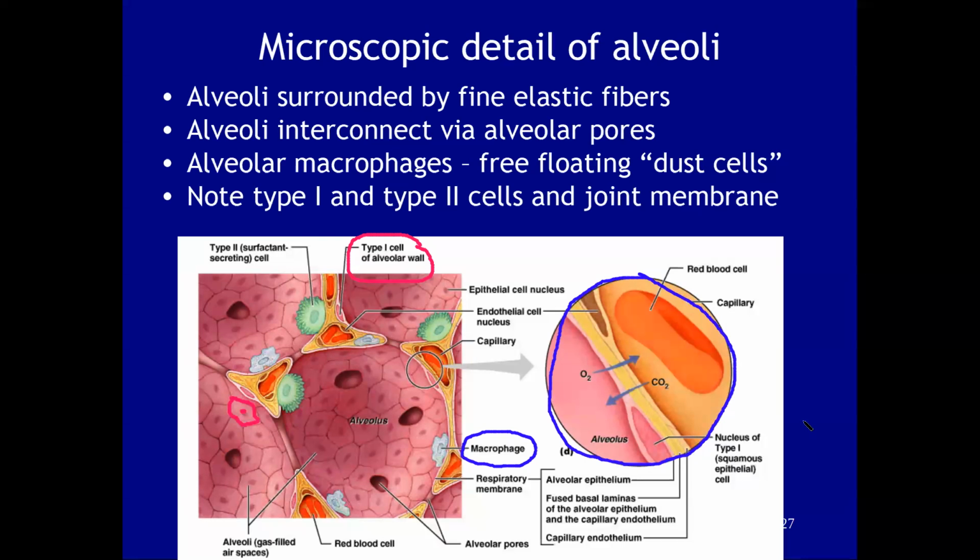So what do we have? We have the alveolus. We have the basement membrane. Then we have the cells of the capillaries. Then, of course, we have our blood cell membrane. So what we're going to do is we're going to count how many membranes that is.